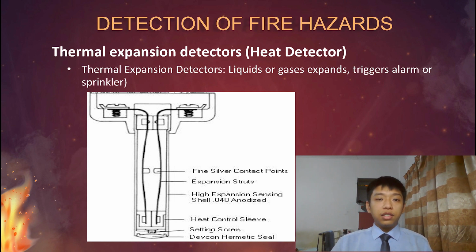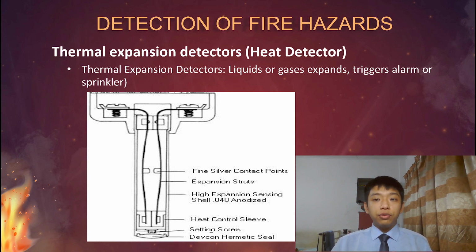The detector consists of a high expansion aluminum tube which encases two insulated struts with opposing contact points. The high expansion sensing shell and the expansion struts have a different coefficient of expansion. A slow rate of temperature rise allows the heat to penetrate the inner expansion struts.